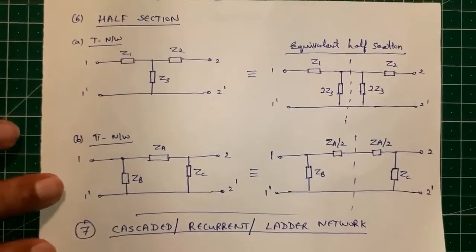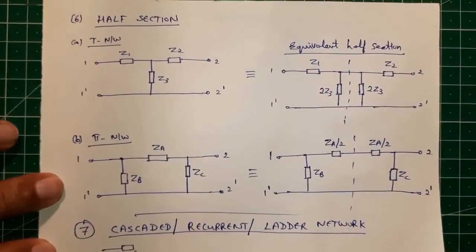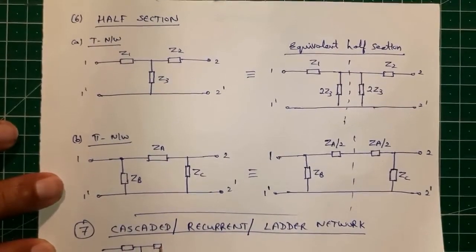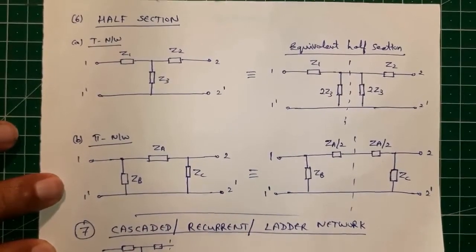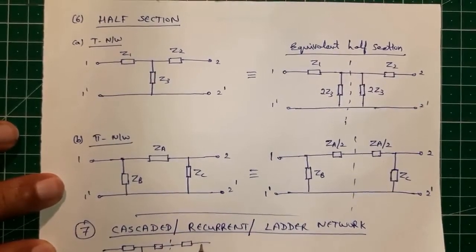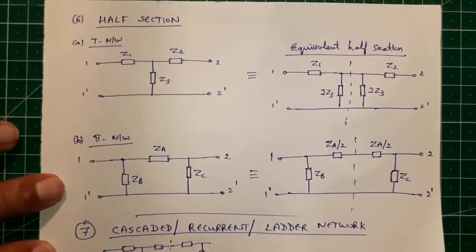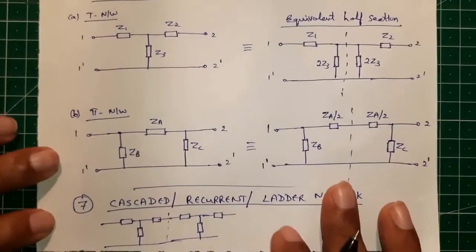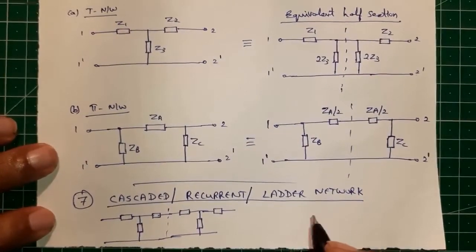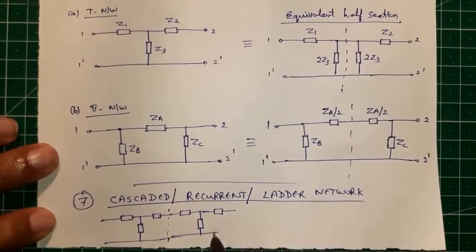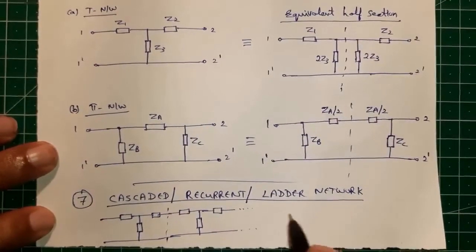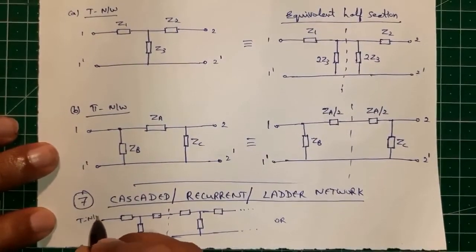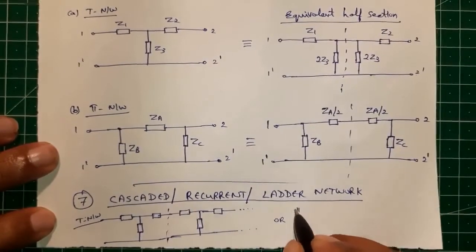For example, we can have a cascading of T network like this. One section, another T network like this. Cascaded. Like this it can go on. So that is a T network that is cascaded. Or you can have a cascading of pi network.